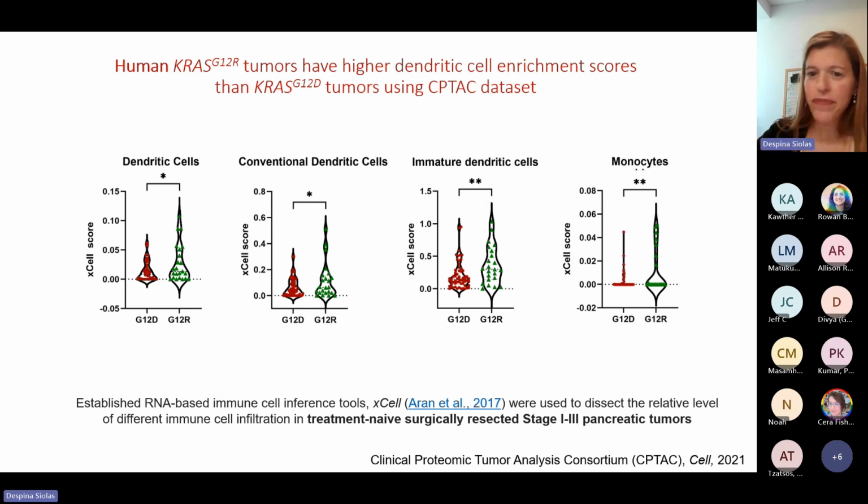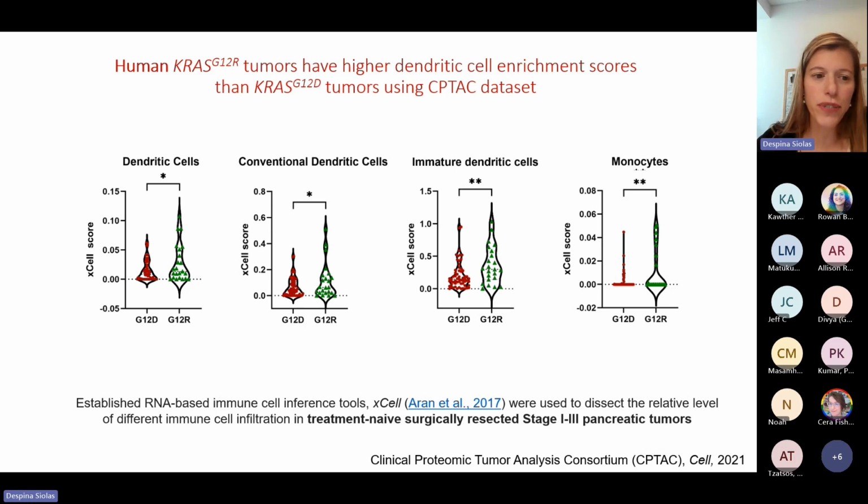And the authors of this paper used a transcriptomics-based deconvolution method to delineate the cellular composition of the tumors. There's an RNA-based immune cell inference tool called xCell, which was used to dissect the relative levels of different immune cells in these treatment-naive pancreas tumors.